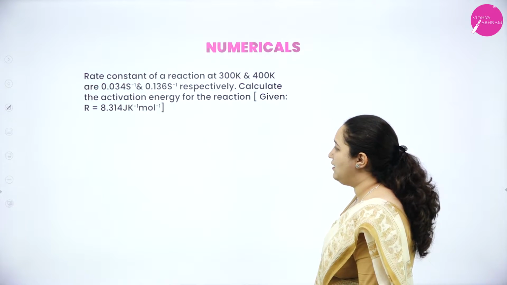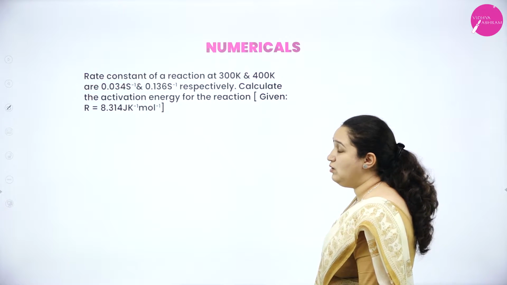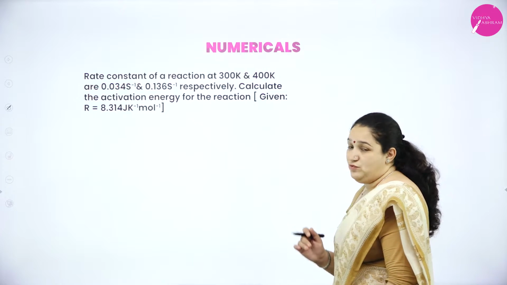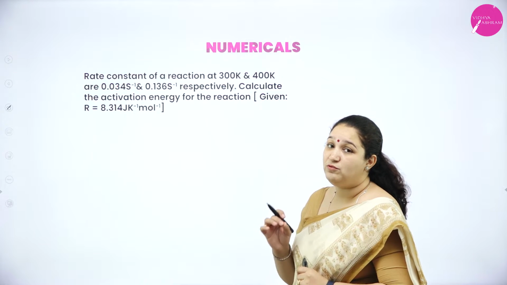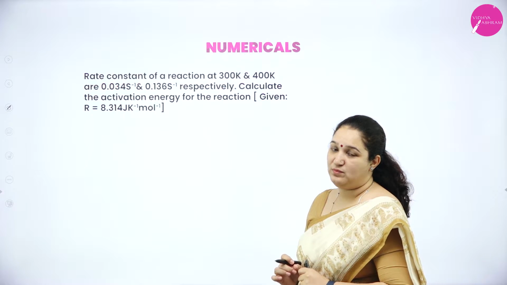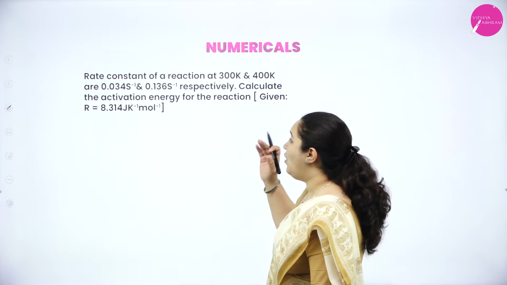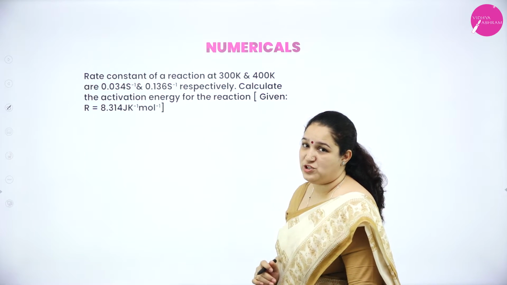Given R is equal to 8.314 joule per Kelvin per mole. First thing is, you have to know the formula to calculate activation energy. Before I write the formula, we'll just see what is actually given in our question.